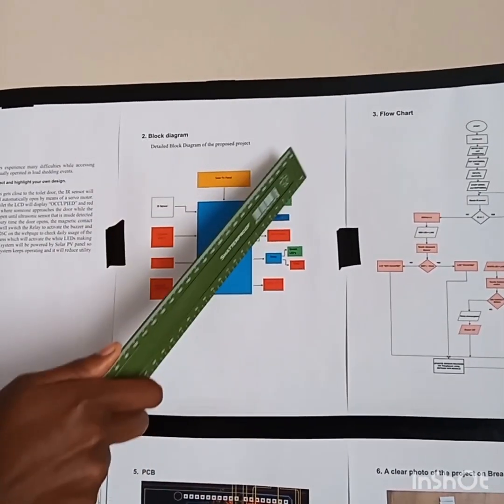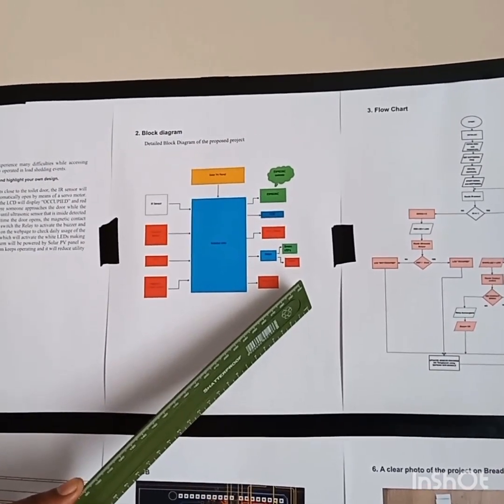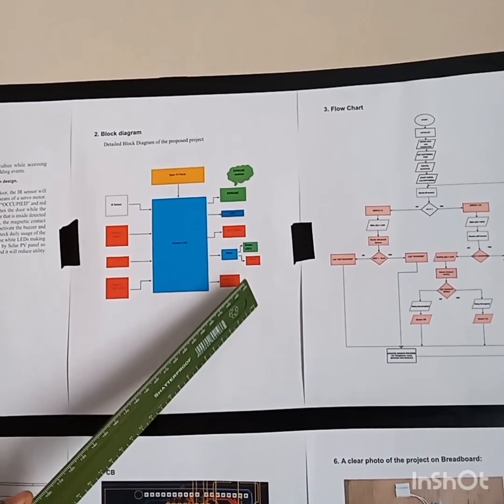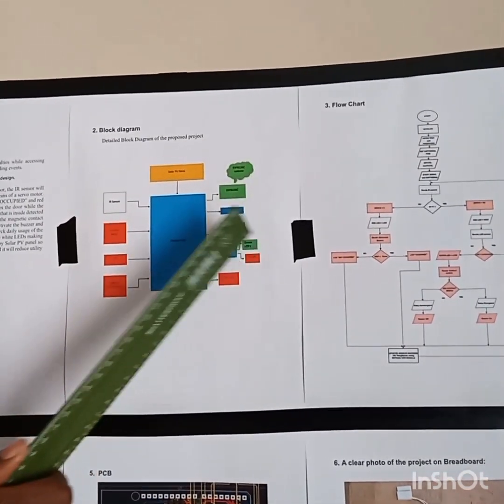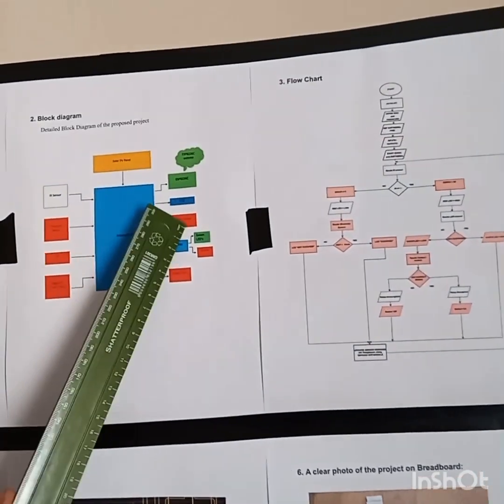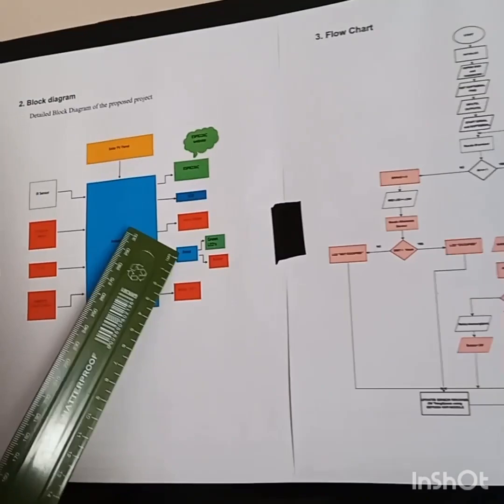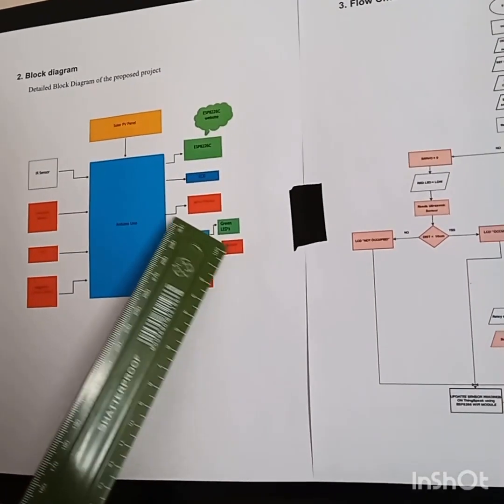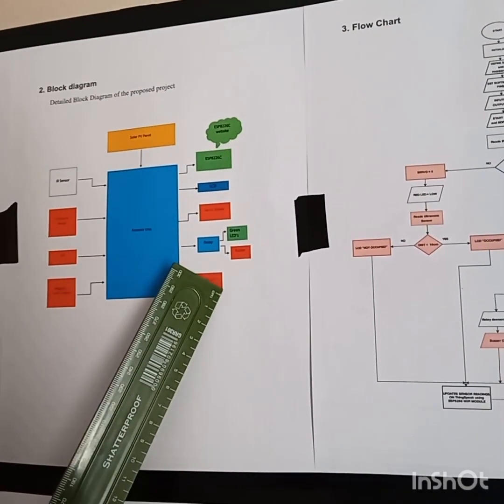And on my right hand side, I have my outputs, which are an ESP8266, which is connected to a cloud, a servo motor, an LCD, and a relay connected to two components, which are a buzzer and a green LED. The last one is a white LED.